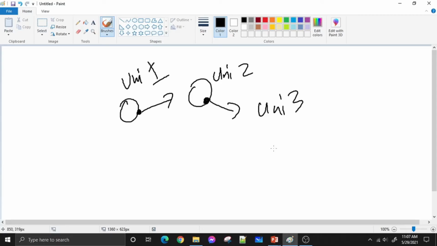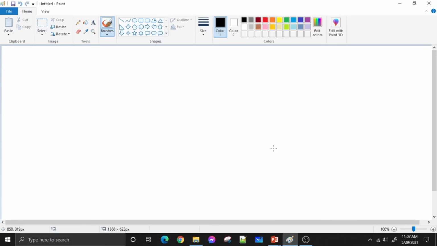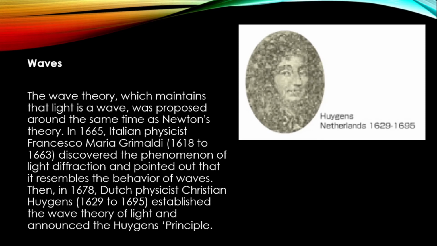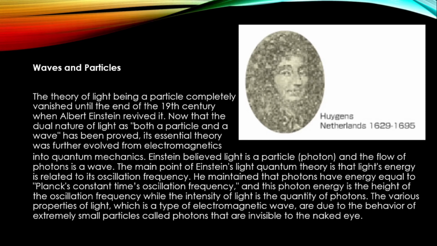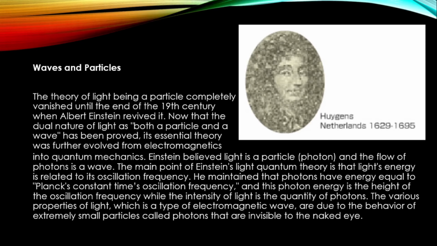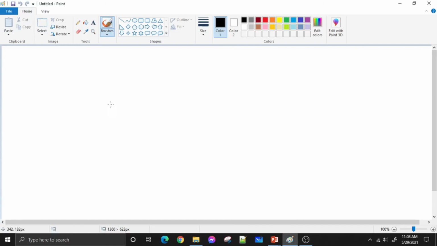So imagine, let's try to draw the concept of these known physicists, from Sir Isaac Newton to Francesco Maria Grimaldi, and then Christian Huygens, and then up to Albert Einstein. So the first theory is that light is made of particles.